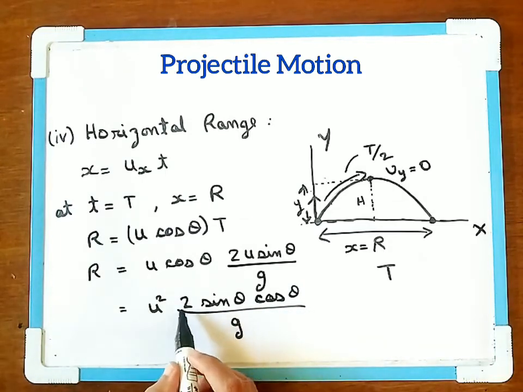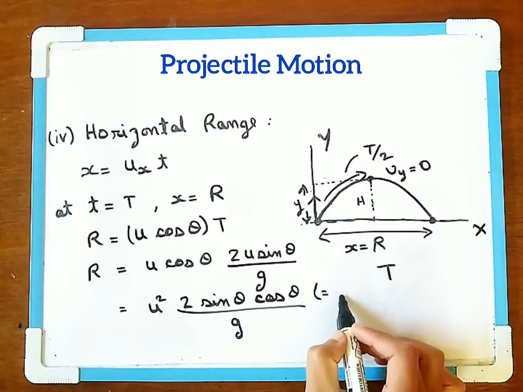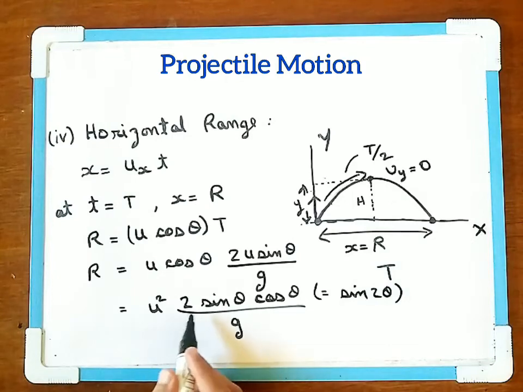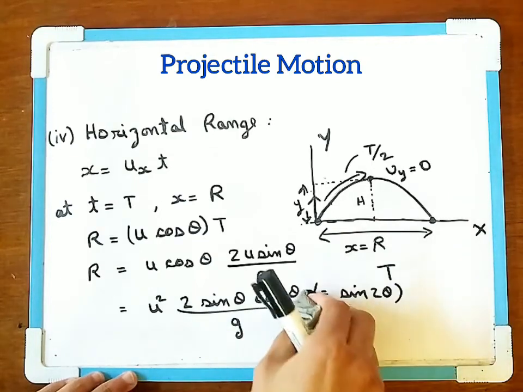Now this formula 2 sine theta cos theta is actually equal to sine 2 theta. This is a trigonometry formula. So 2 sine theta into cos theta is equal to sine 2 theta. So instead of this one, I'll put sine 2 theta.